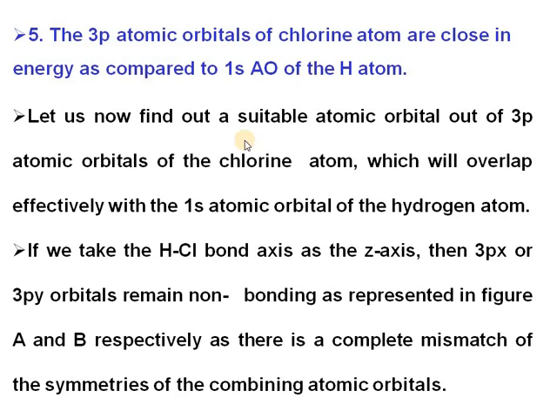Now we have to find out a suitable atomic orbital among the 3p atomic orbitals of chlorine which shows effective overlap with the 1s atomic orbital of hydrogen. If the hydrogen chloride bond is formed between hydrogen and chlorine along the z axis, that is the preferred axis for effective overlap.